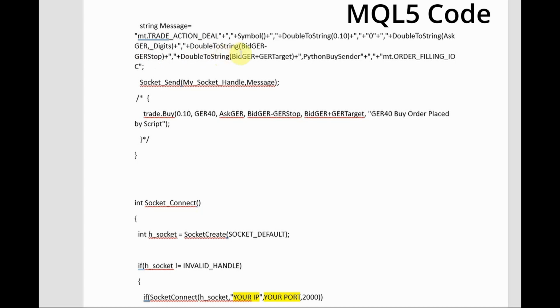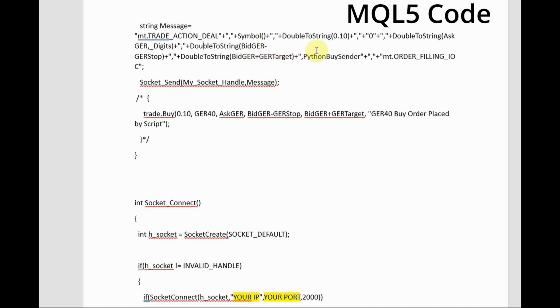Double to string bid German market bid price plus the target, which we've called 30 points. And we can change that because it's an input integer. And we simply input a different number if we choose to, but it is preset to 30.